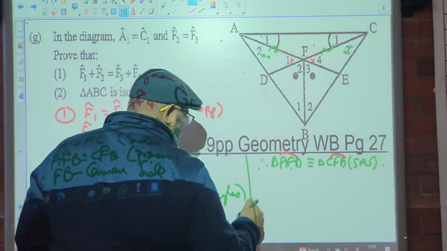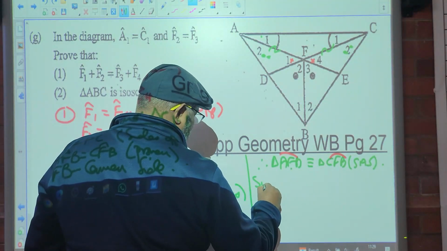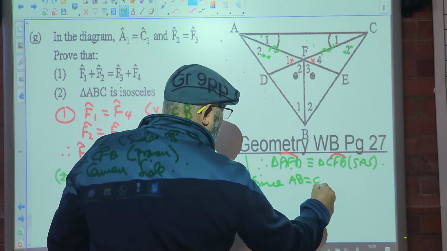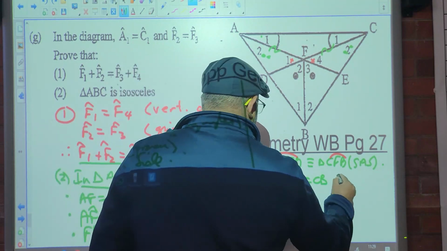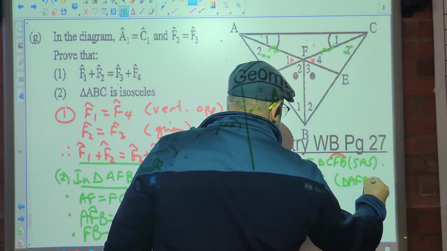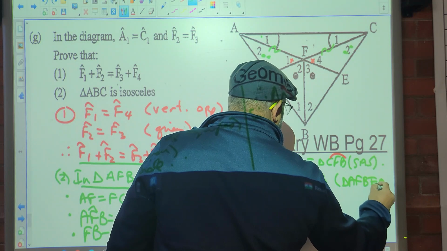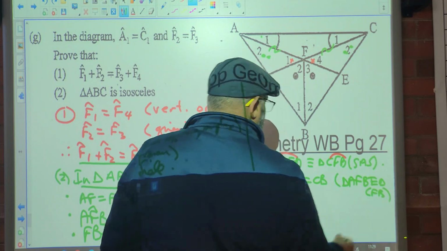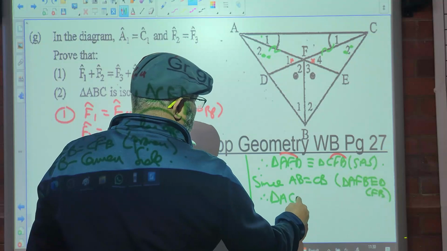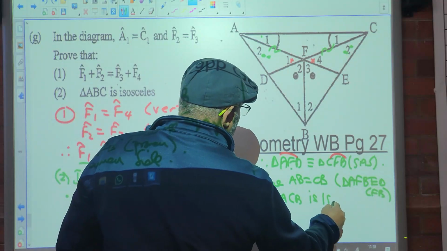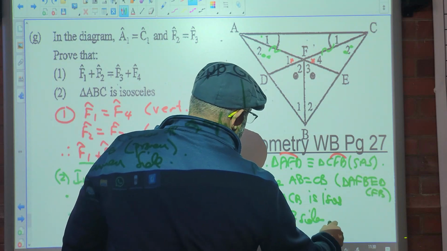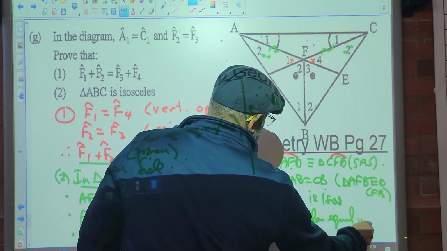So we say since AB is equal to CB, where am I getting that? From the fact that triangle AFB is congruent to triangle CFB. Therefore, triangle ACB is isosceles. Why? Because two sides equal in triangle.